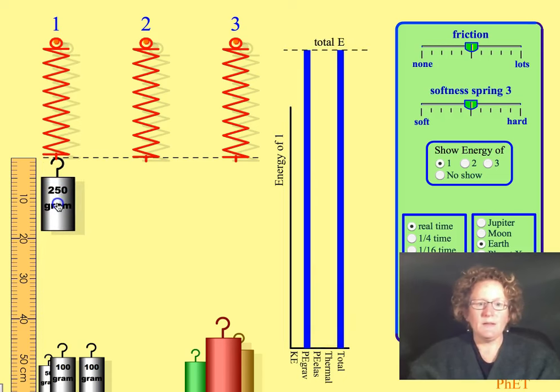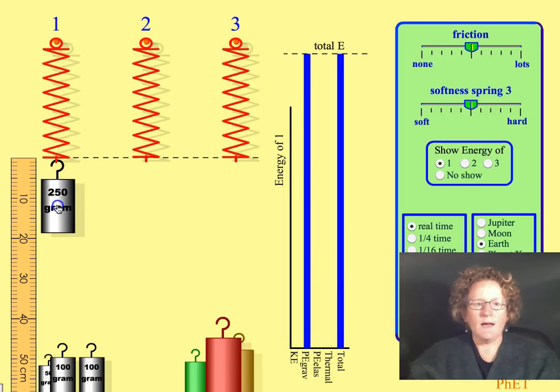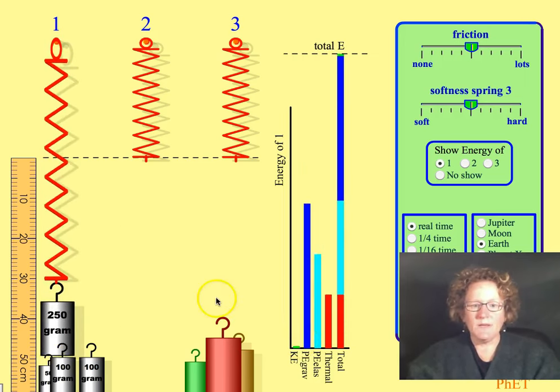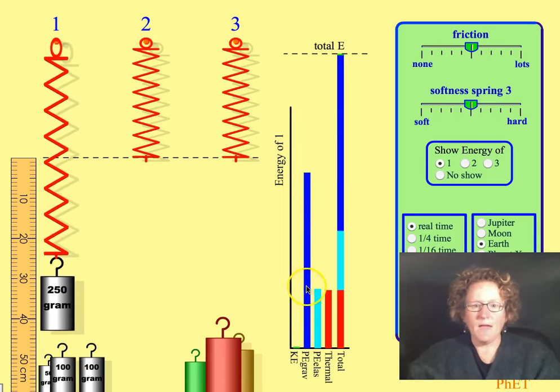Let's drop it again and see how those different kinds of energy change as the weight bounces. So here's kinetic energy in the beginning. Keep an eye on that. Look at potential energy due to position or gravitational potential energy. Here's elastic potential, and here's thermal energy.